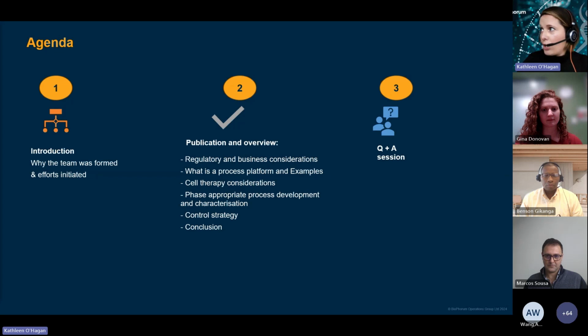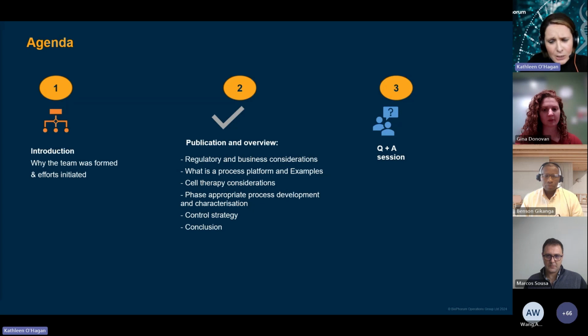We'll then move on to an overview of the publication. We'll talk about the regulatory landscape within this area and business considerations when it comes to platforming. We'll next move on to what is a platform, and we'll give a proposed definition that the team have suggested around what is a process platform, and examples.